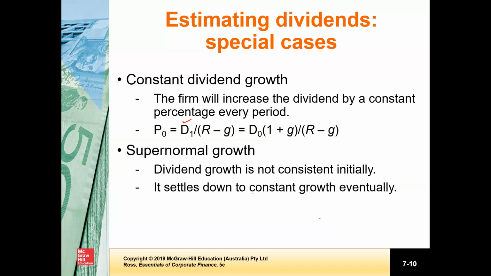Usually the dividend may grow at a higher rate for a few years, and then it settles down and becomes a constant growth. So when we estimate the dividend stream, there may be some abnormal growth in a few years, and then a constant growth. It's a combination of abnormal growth and constant growth.